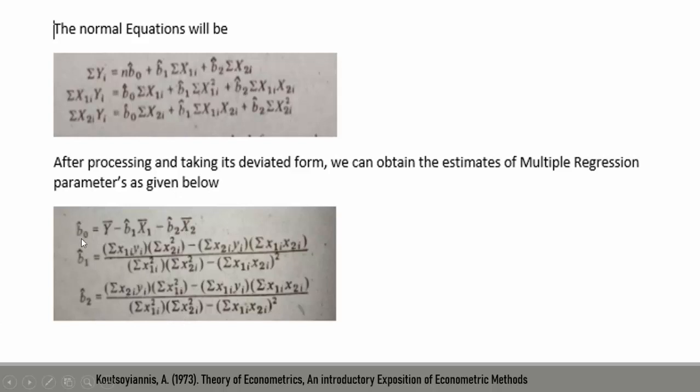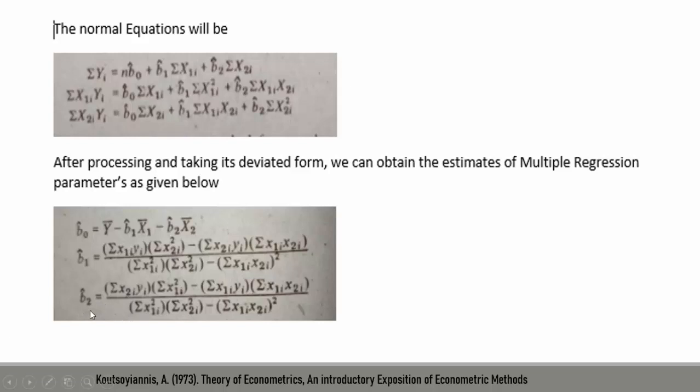We get for b0 hat: y bar minus b1 hat x1 bar minus b2 hat x2 bar. This will be the formula for the estimate of b0 hat. Similarly, for b1 hat, we will have summation x1y, summation x2 square minus summation x2y, summation x1x2, divided by summation x1 square, summation x2 square minus summation x1x2 whole square.